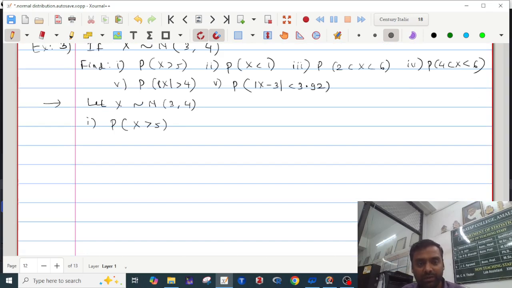So to find out this probability of x greater than 5, convert this into z, that is x minus mu upon sigma. Mu is 3, sigma is 2.